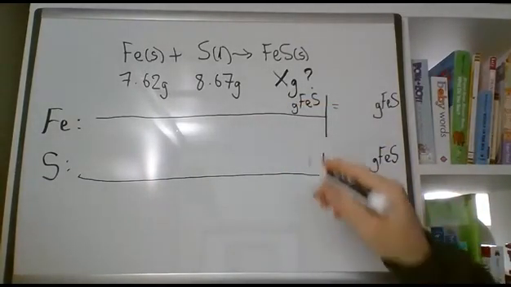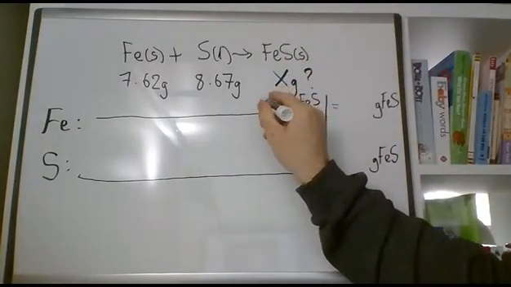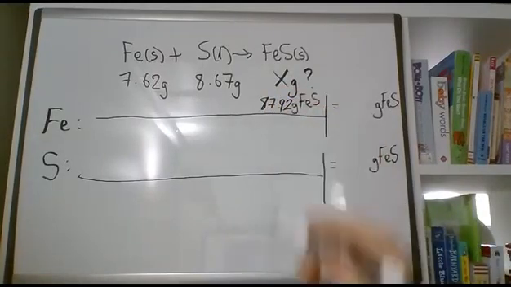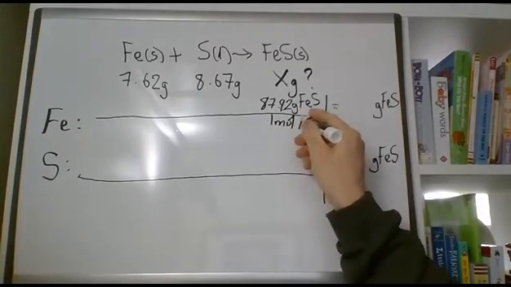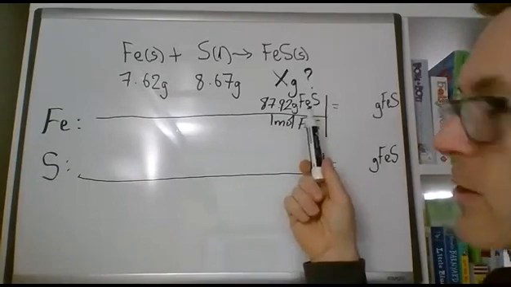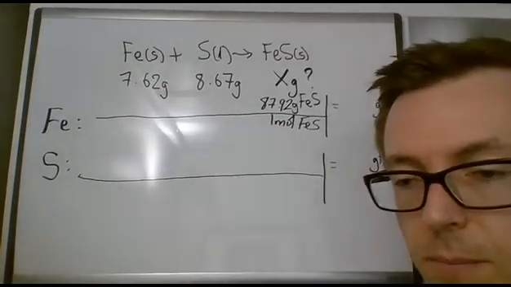That gives a mass of 87.92, and we set that equal to a mole of FeS. Remember that anything you write as a numerator must be equal to anything you write as a denominator.